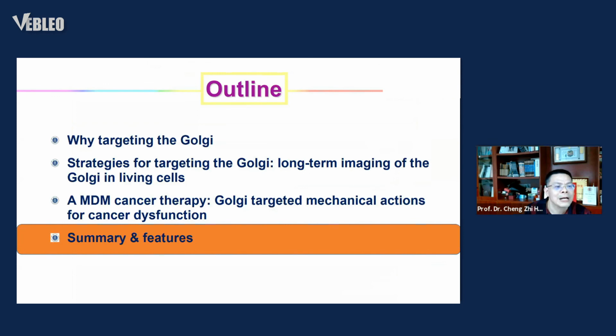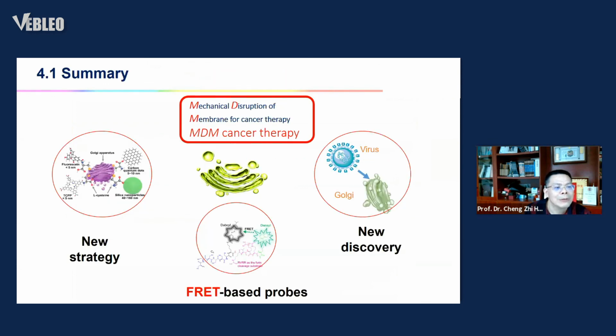In such case, I conclude that we constructed a new strategy to target the Golgi, which was dependent on the amino groups and free thiol groups, either on the surface of carbon dots or connected with oligomer peptides, making the cysteine residues a good candidate to target the Golgi.